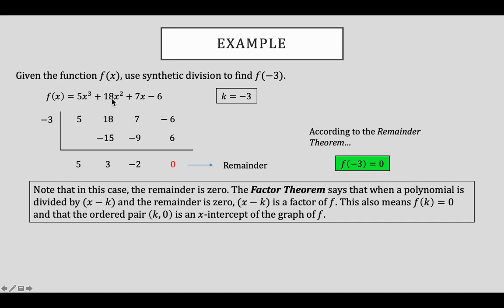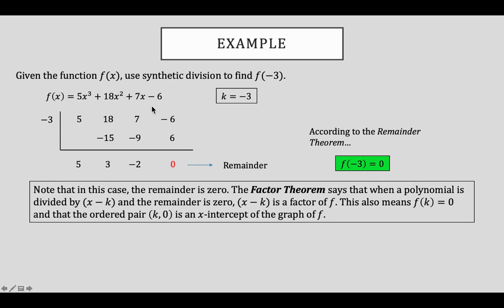Well, consider the division that we actually just completed. We took the polynomial 5x cubed plus 18x squared plus 7x minus 6. And doing synthetic division means that our divisor, what we were dividing by, was in the form of x minus k.